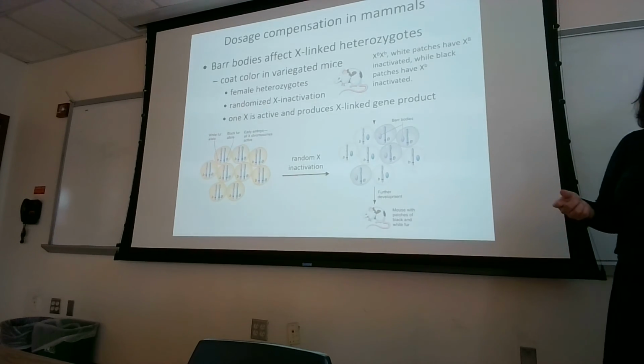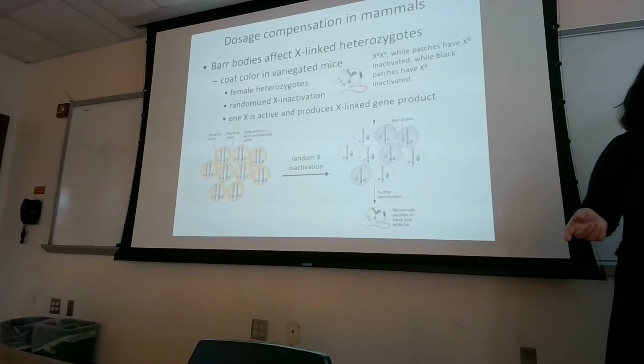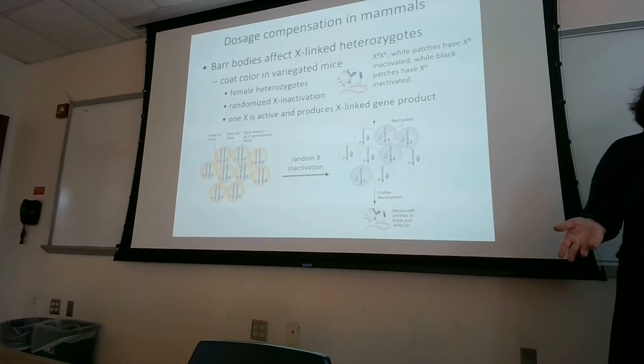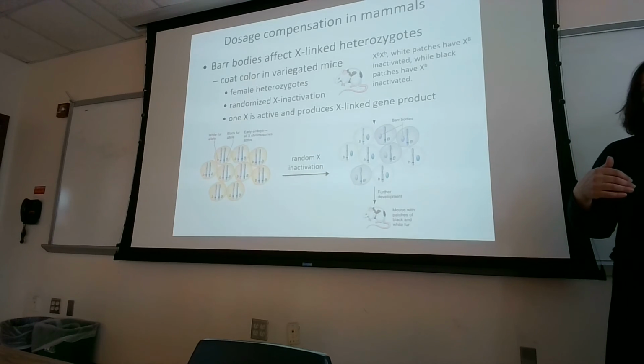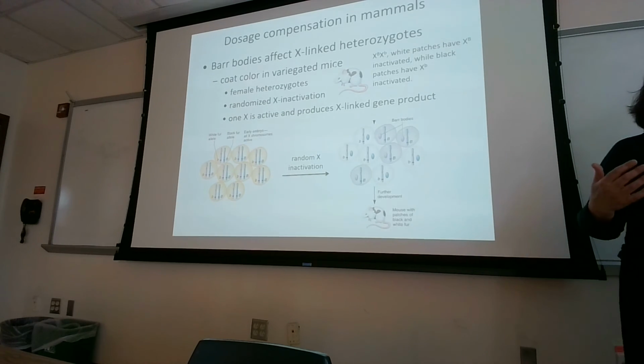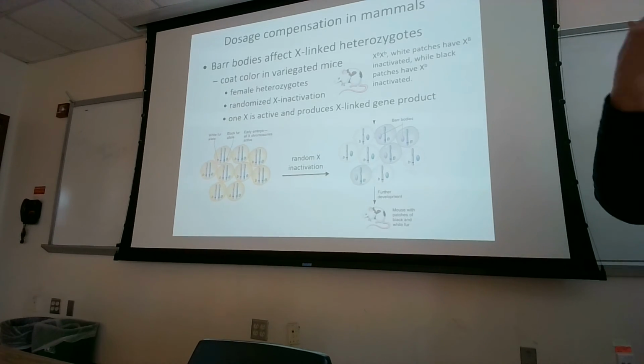Now another example in mammals would be calico cats, right? A calico cat is a female cat because the gene for pigment formation is on the X chromosome in cats. Not in us, not in other species, but for cats. So you either have the brown or black, and you have the orange.